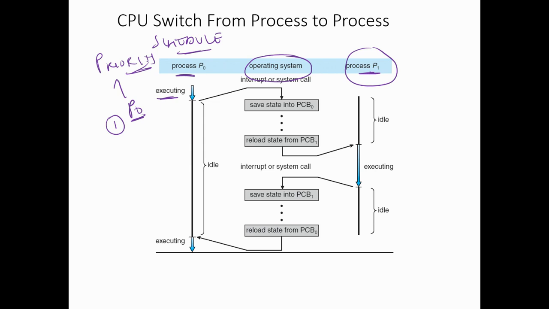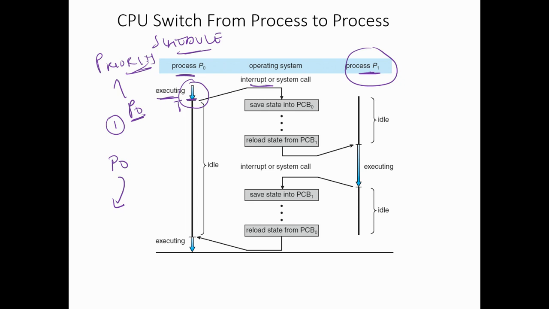So P0 is going to be executed. Let's say at one point of execution, at time t, P0 got an interrupt or a system call.